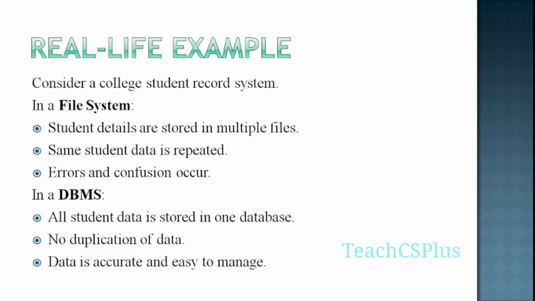In a file system, student details are stored in multiple files. Simple. Using file system, we can only store data in files. Same student data is repeated. It may be repeated or may not. But let's see, errors and confusion occur.